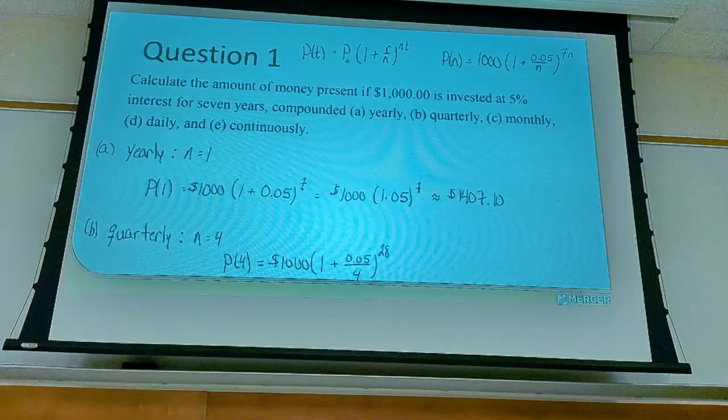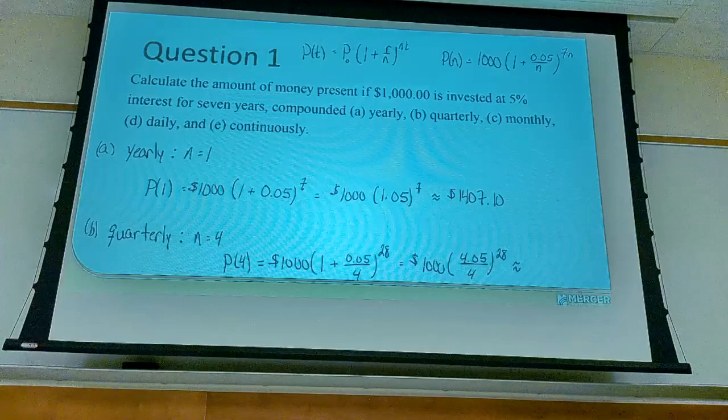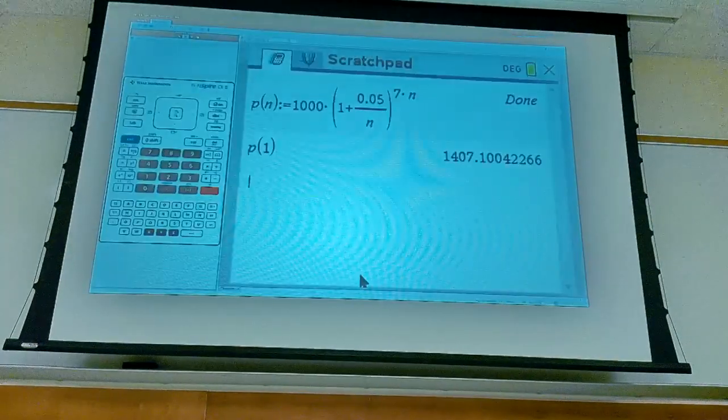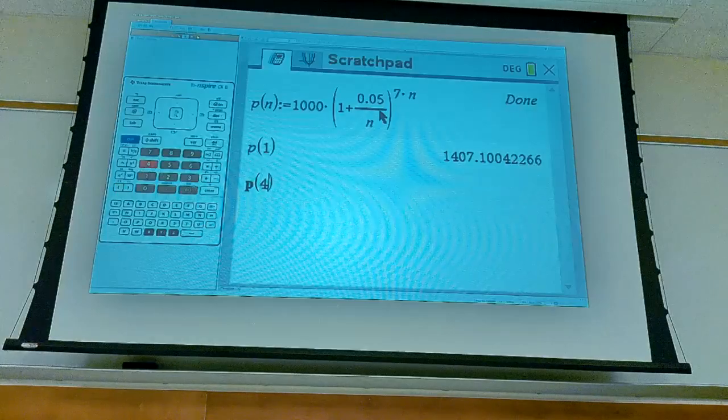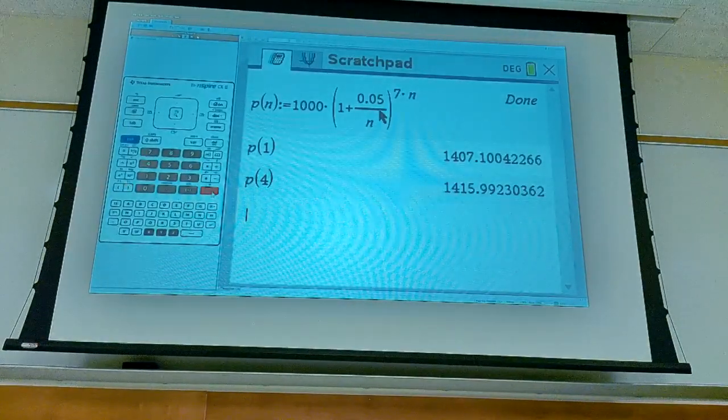Four times 7 is 28. It would be 1,000 times 1.05 over 4 raised to the 28th power. Or, since we just stored the function, P of 4. $1,415.99.